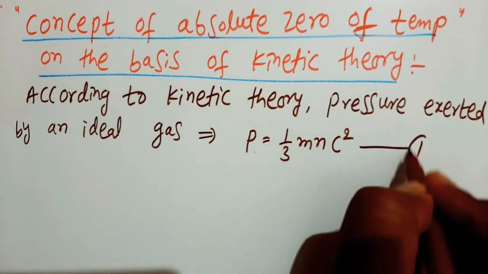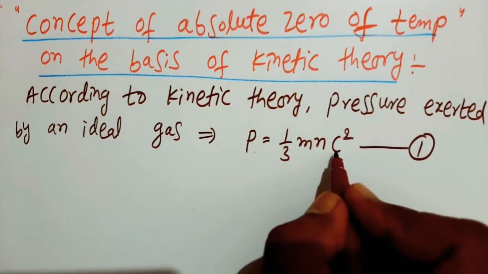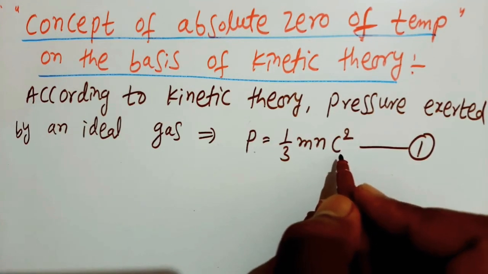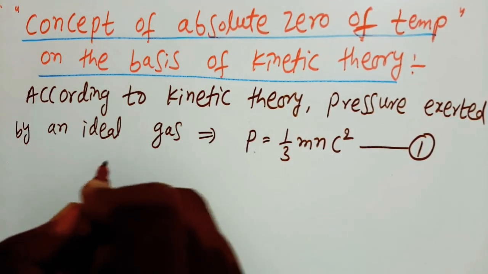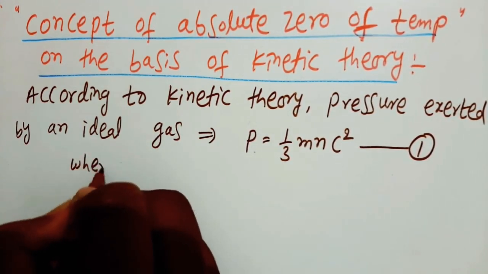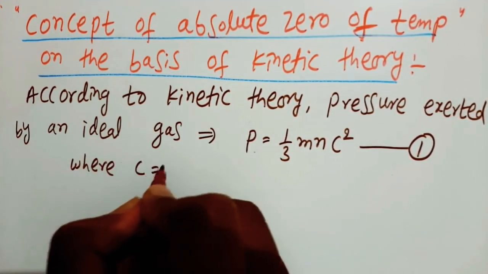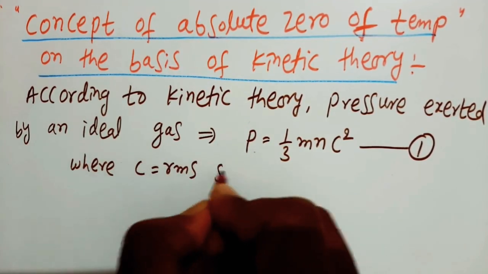Let us take this as the first equation. Here c is the root mean square speed, the RMS speed of a molecule.